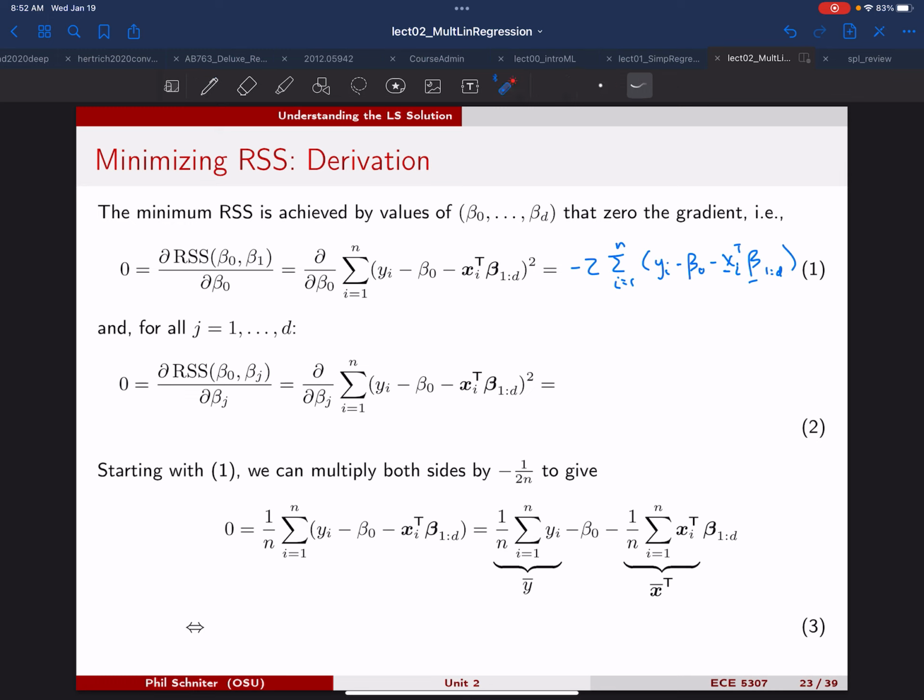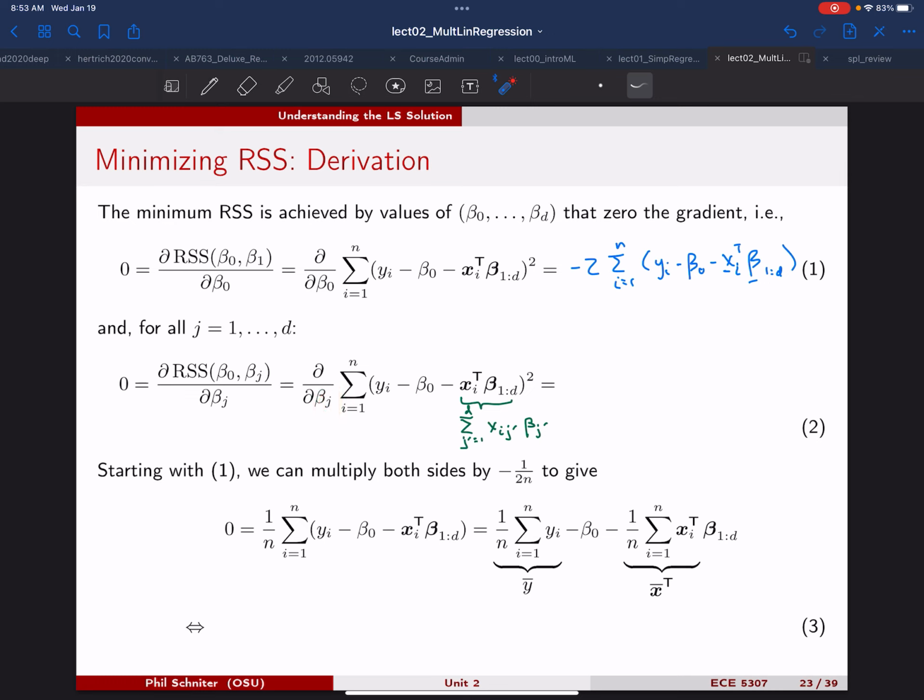We're going to do the same thing for the derivative with respect to beta j, but now we have to be a little bit more careful. If you're not completely fluent with your linear algebra, let's write out this term here. So I'm going to use j prime. Again, this is a sum over j prime going from 1 to d. I'm going to have x i j prime times beta j prime. And using the prime there is helpful so that we don't confuse it with the j that's over here.